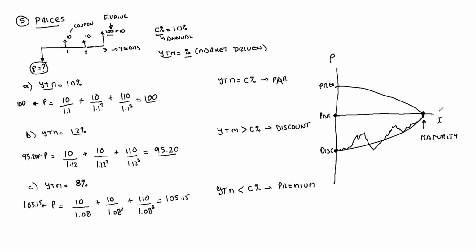Make sense? So when you hear about par value, discount value, and premium value, you understand what is going on. The market is higher, the market is lower. Okay.